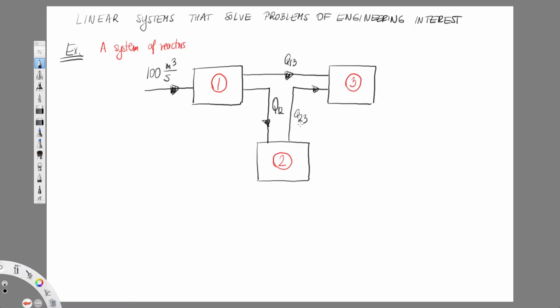And that one has flux Q23. And there's also output back to number 1, and this is Q21. And I'm bringing a flux in the order of 20 meters cubed per second into 3. And then I have output here that I'm calling Q33.